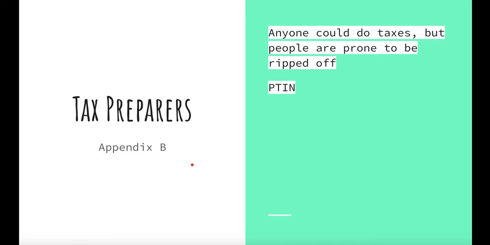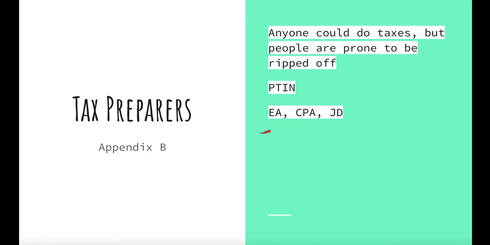And so tax preparers can say, oh, I'll save you taxes, and they'll do certain stuff. So anyone you pay to prepare a tax return needs a PTIN, a paid tax return identification number, which you get through the IRS each year.